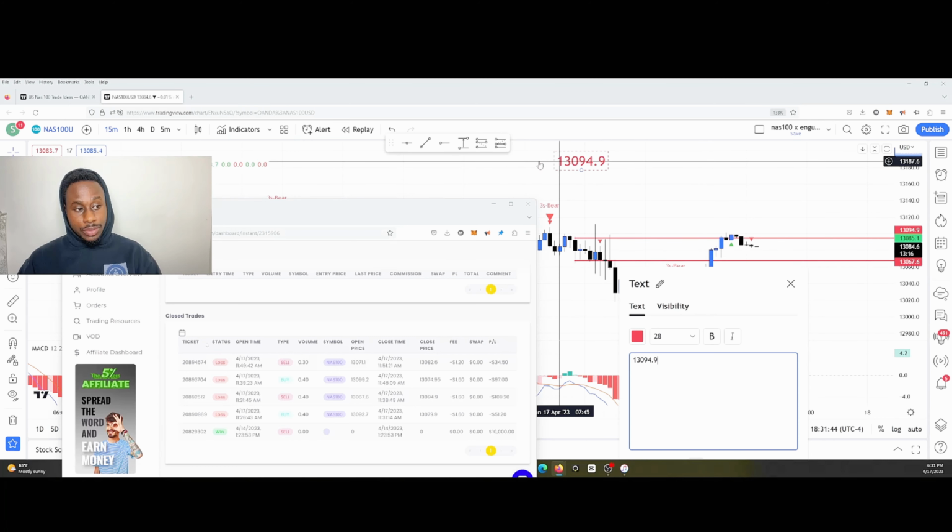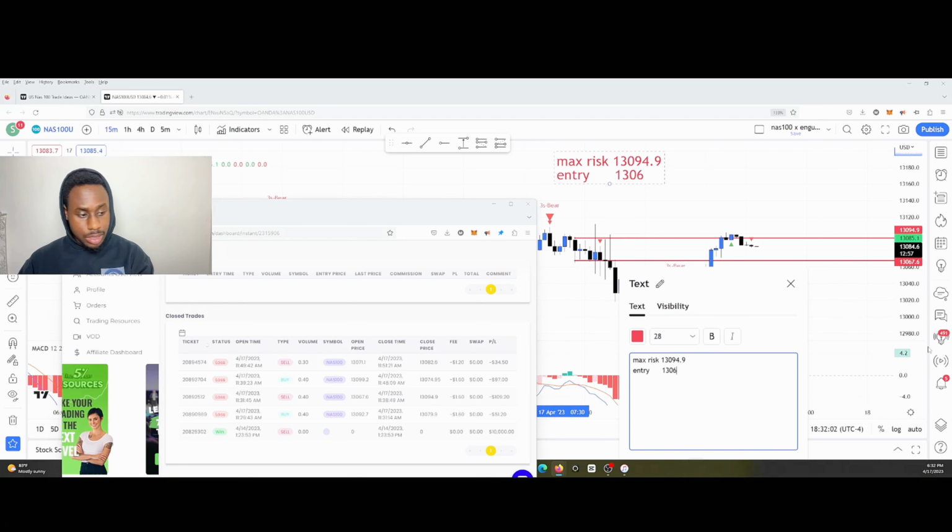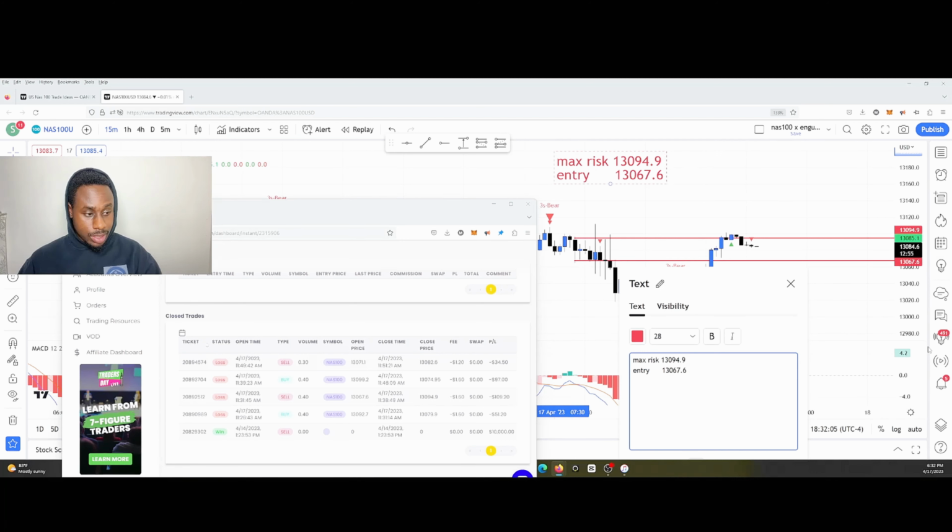So let me put it here. Max risk. And then where my entry was: 13,067.6. This is where my entry was.